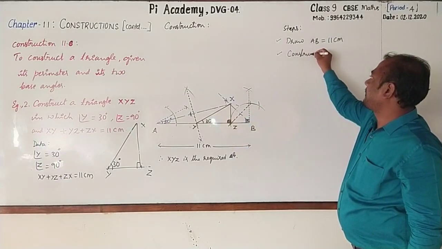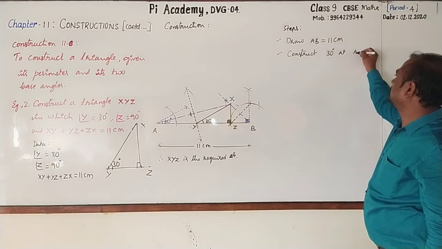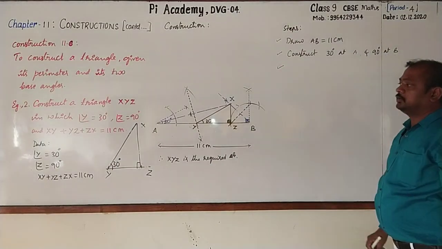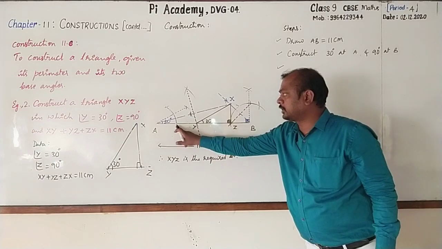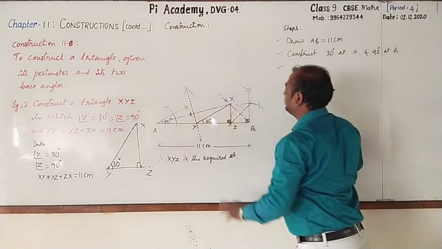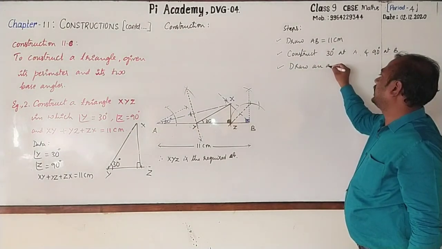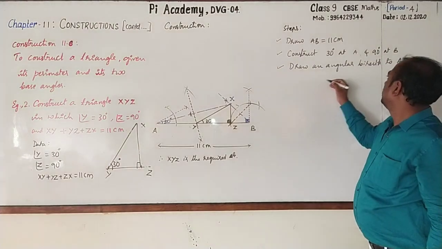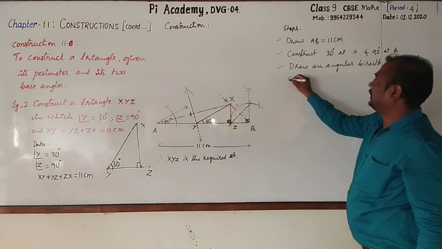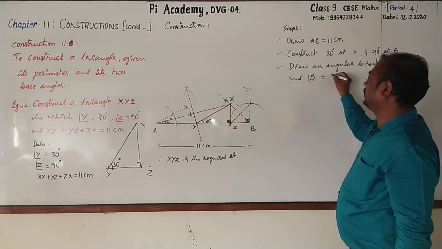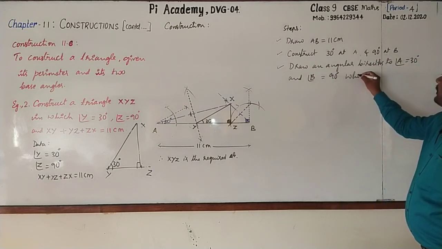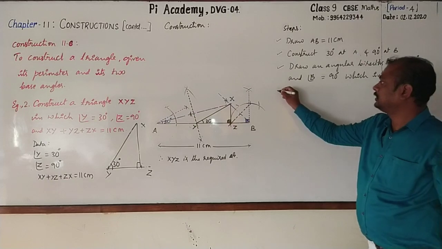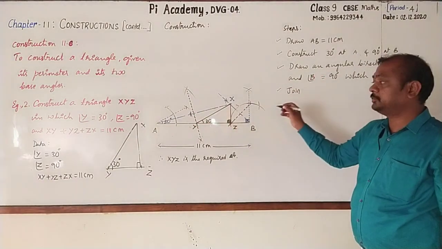Construct 30 degree at A and 90 degree at B. Then draw an angular bisector to angle A equal to 30 degree and angle B equal to 90 degree, which intersect at X.